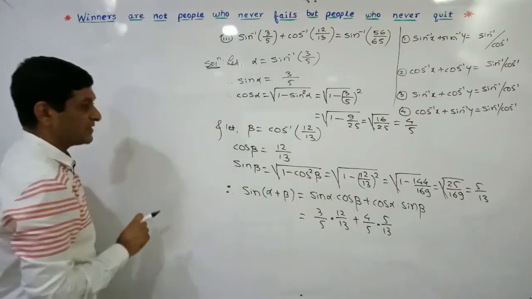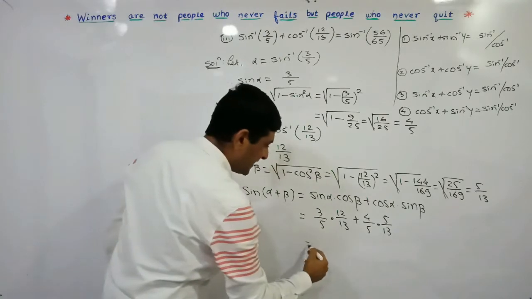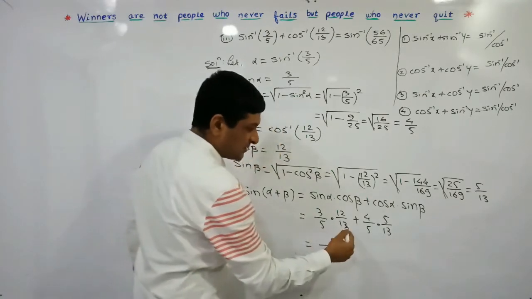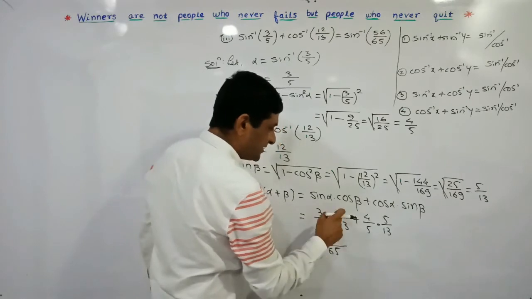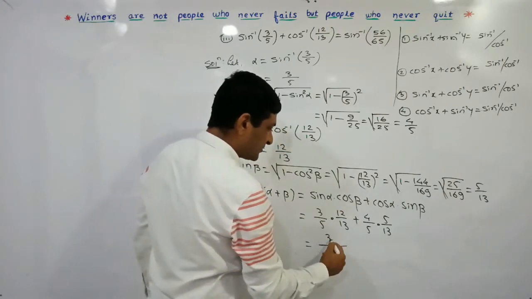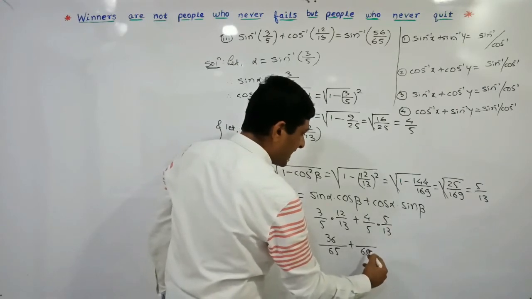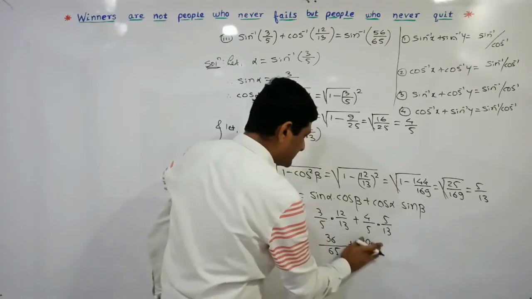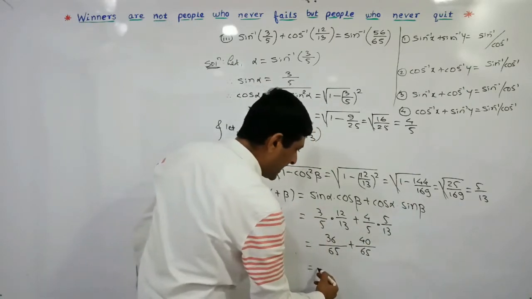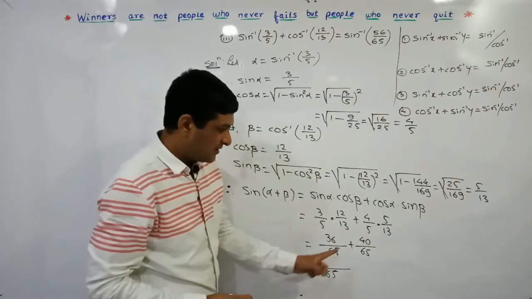Check that the denominators of both the terms are the same. 13 into 5 will be 65, and in the numerator 12 3s are 36, plus 13 5s are 65 and 5 4s are 20. Since the denominators are the same, we are adding the numerators.